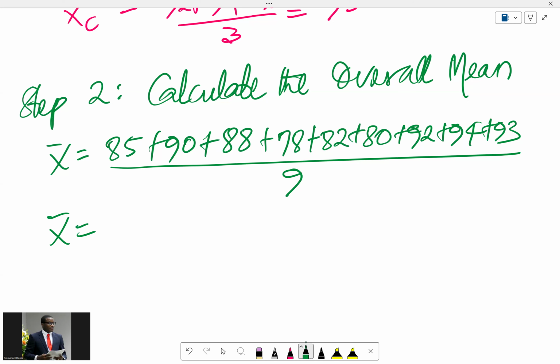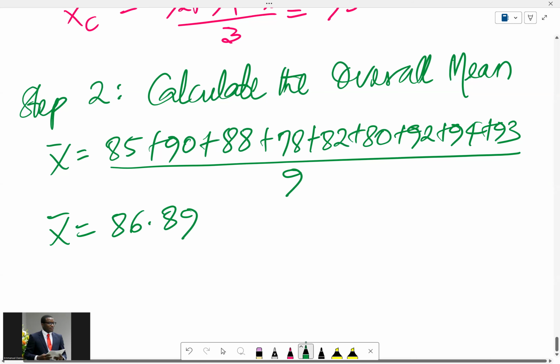So that should be 86.89. On the average, that is 86.89. That is the overall mean.